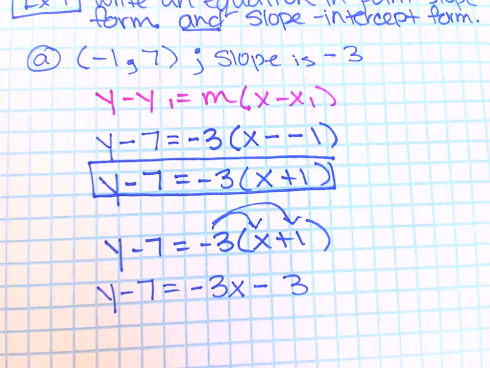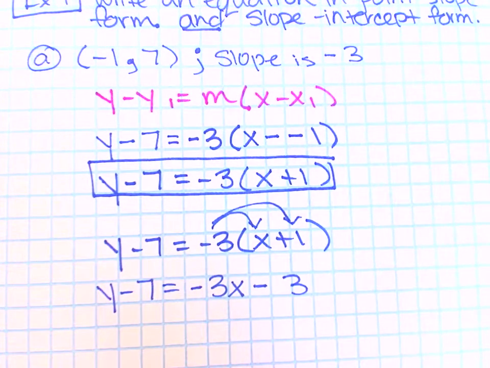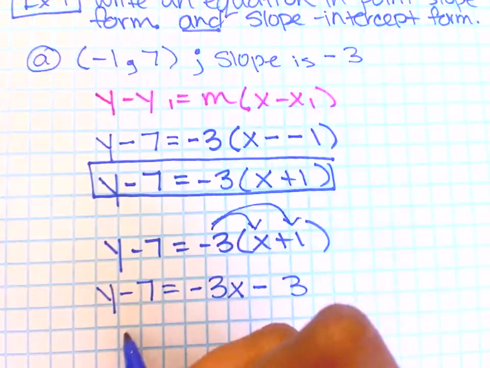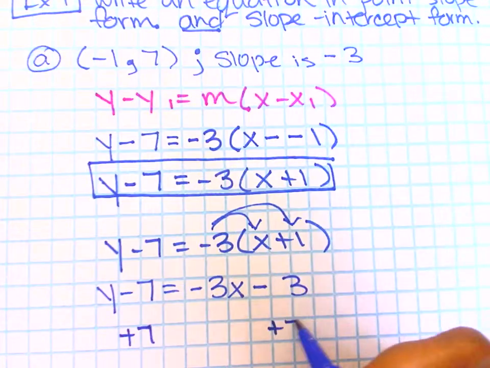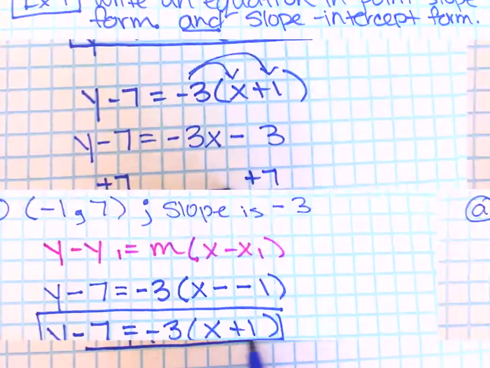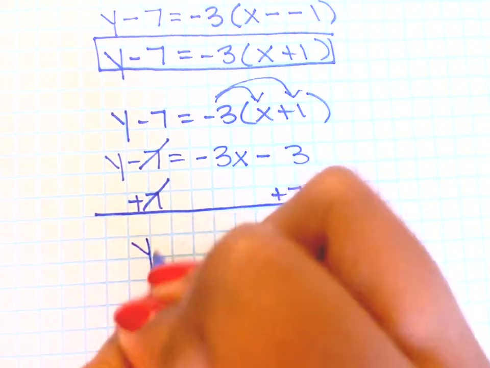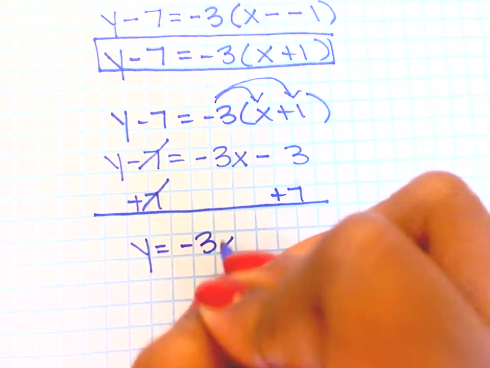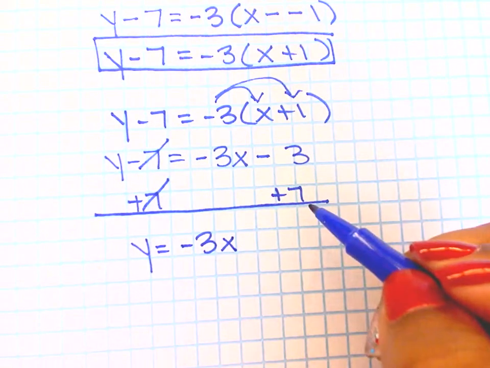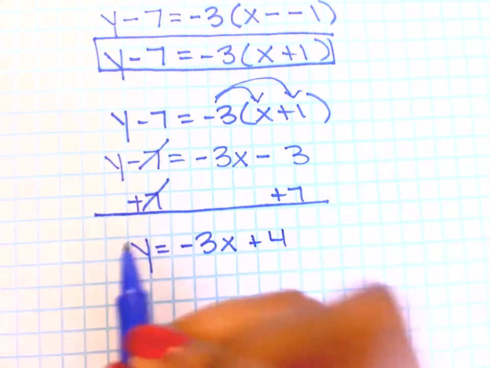Then the next thing I need to do in order to get it into slope-intercept form is get rid of that 7. So I'm going to add 7 on both sides. Negative 7 and positive 7 cancel. I'm left with y equals negative 3x. Negative 3 plus 7 is plus 4.